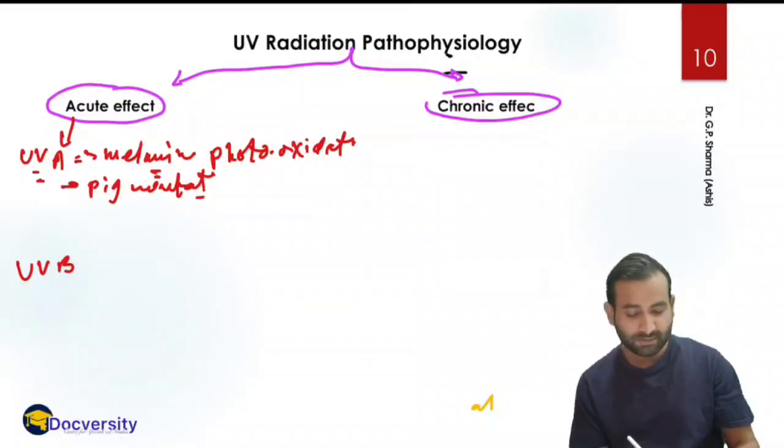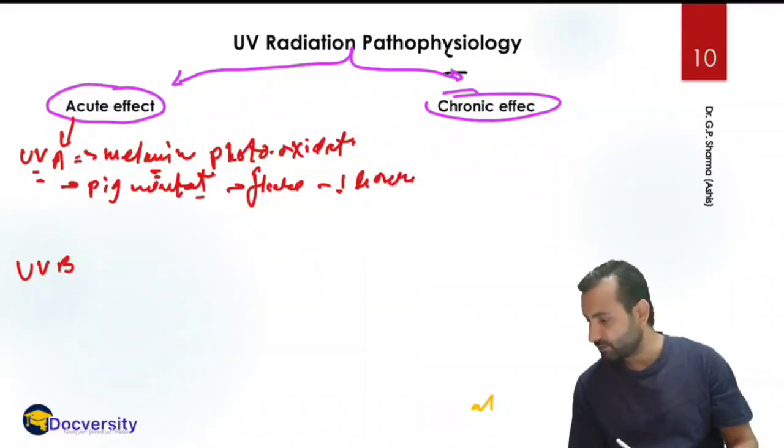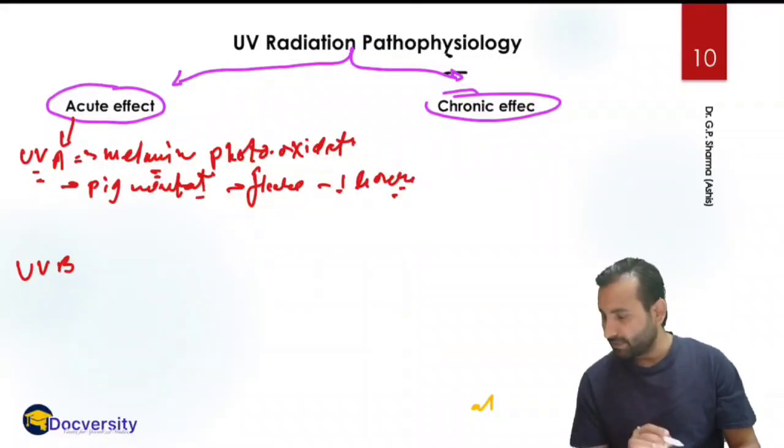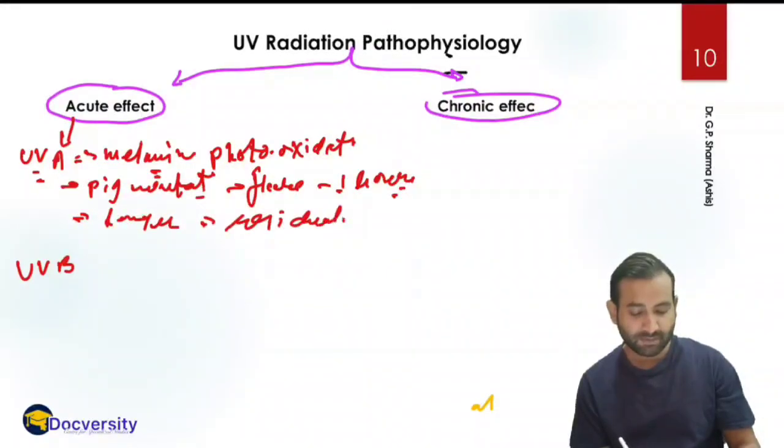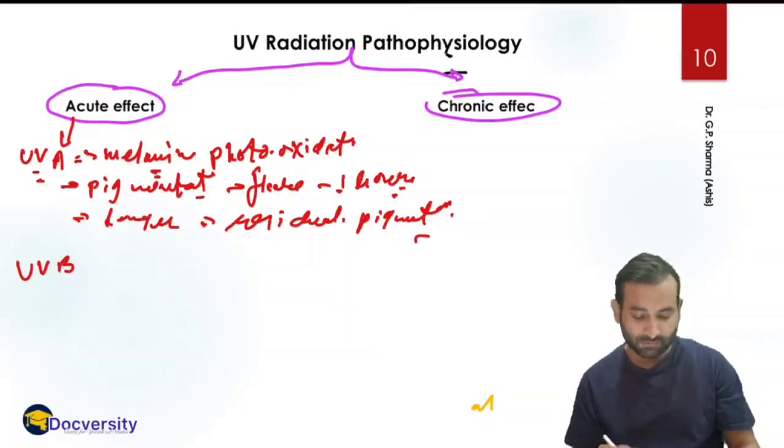And this pigmentation will flare within an hour of the exposure, if we stop the exposure, right? But if exposed for longer, then it may produce residual pigmentation. So please remember this. This is about the UVA acute effect.